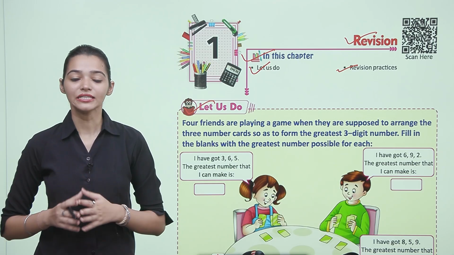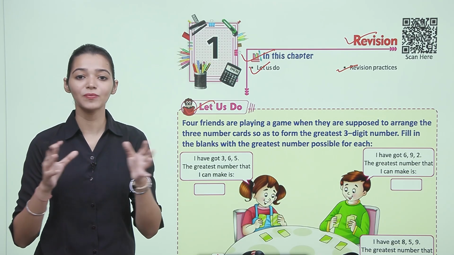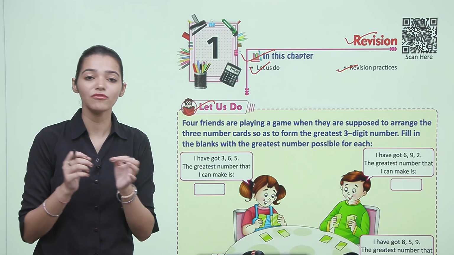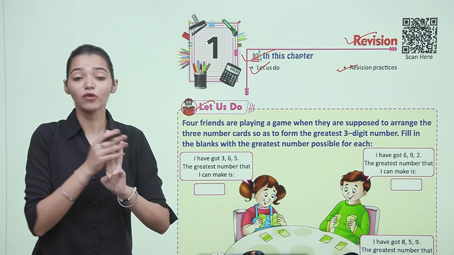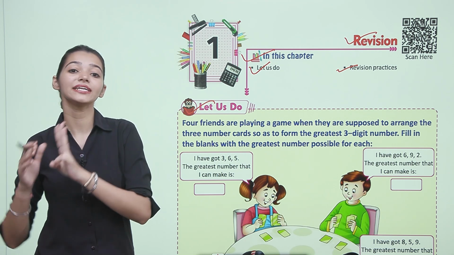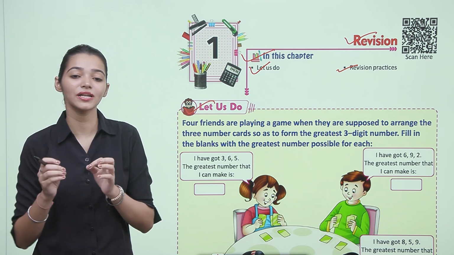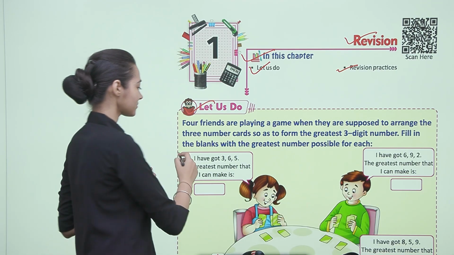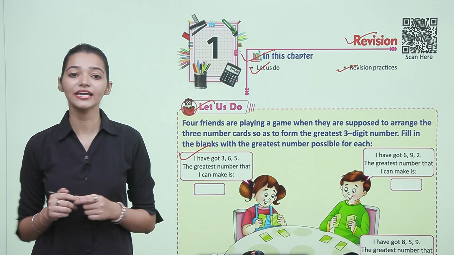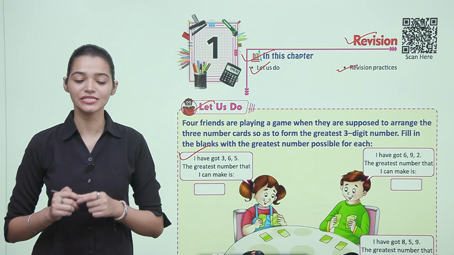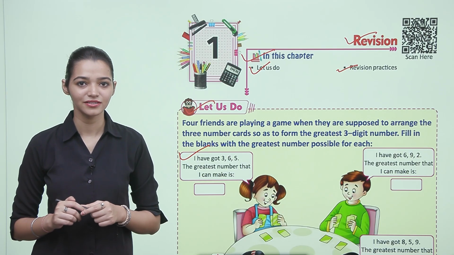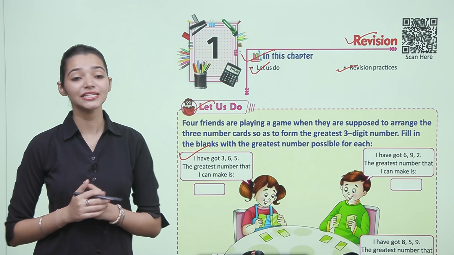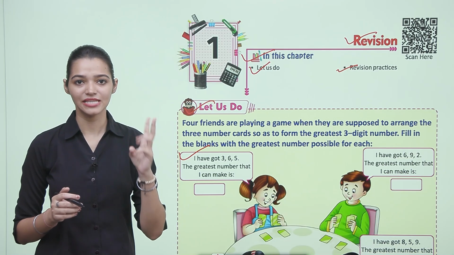There are four friends playing a game, and they have been given three numbers. Out of these three numbers they have to find the greatest number possible. Now let's start with the first part. I have got 3, 6, 5. The greatest number that I can make is: the numbers given are 3, 6 and 5.